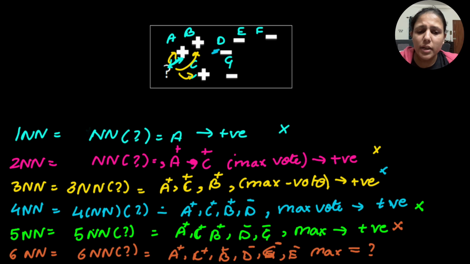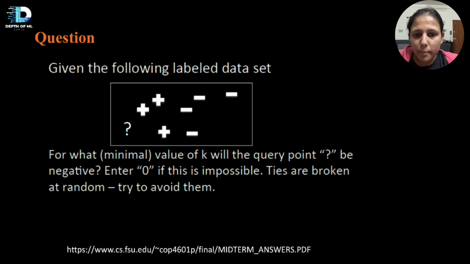So let's ignore this. If it's not specified what value to break the tie with, we will just ignore this, or you can take anything at random, so maybe positive.